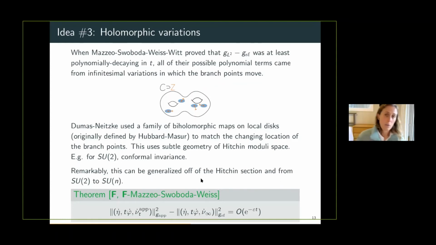So Mazzeo, Swoboda, Weiss, and Witt had done all of this, and they still got polynomial decay, and that was from these disks. The problem then is that there are infinitesimal variations of the Higgs field in which the branch points move. So let me go back a couple pages. You see these little blue dots with these orange arrows.